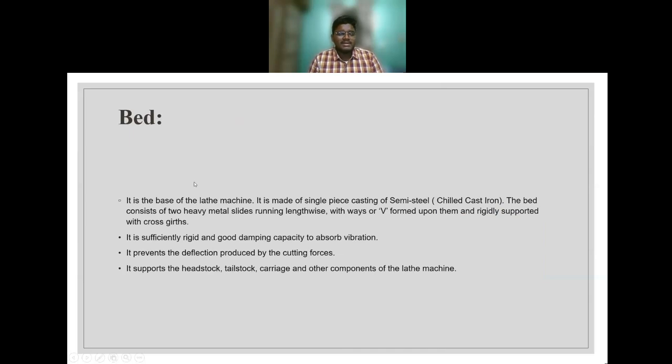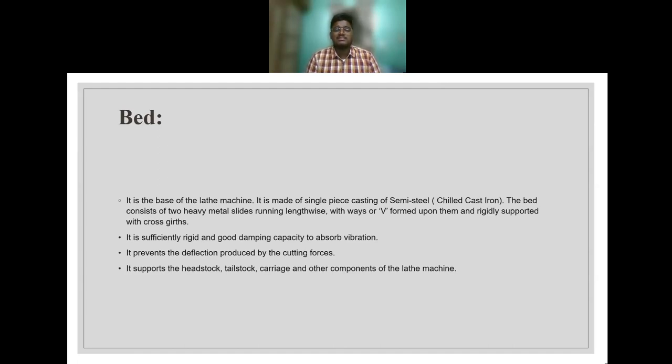Now the bed. It is the base of the lathe machine, made of a single piece of semi-steel or cast iron. It is very heavy, with metal slides running lengthwise, rigidly supported with cross girders. It is sufficiently rigid and has good damping capacity, so it absorbs vibration.